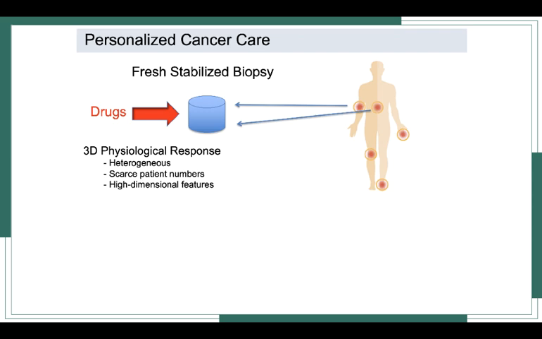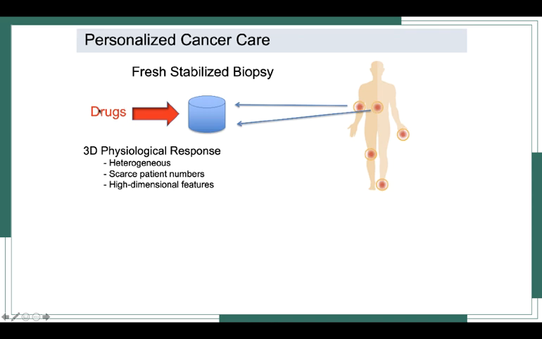So the way that we run our clinical trials is actually fairly straightforward. We piggyback off the diagnostic biopsy, which is taken anyway by the doctor, and that's done for diagnostic purposes. And for that reason, we're actually considered to be non-invasive because we never go back in for another biopsy. And so just using some excess material from the diagnostic biopsy, we'll break that up into about 70 pieces, each about a cubic millimeter in size, put that into a multi-well plate, and then just apply a panel of FDA-approved drugs.